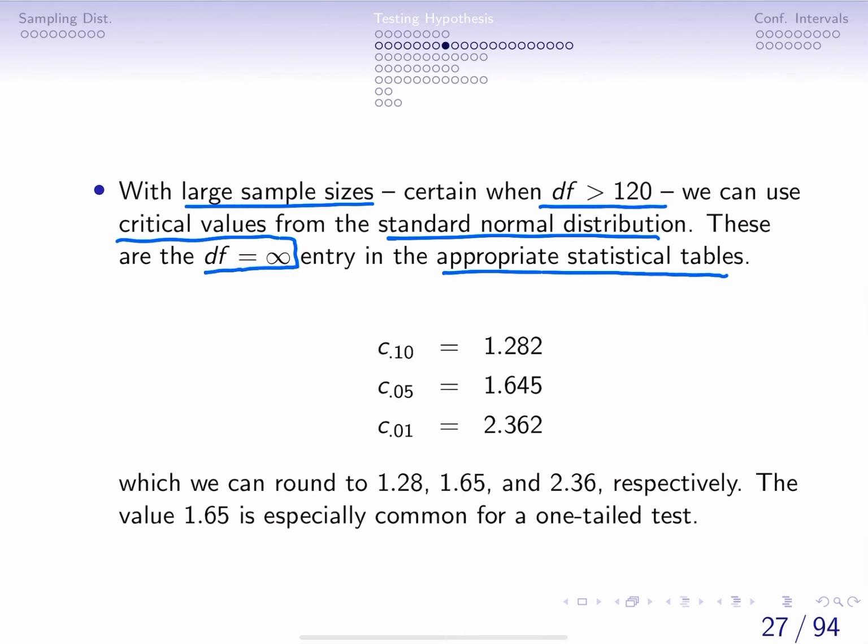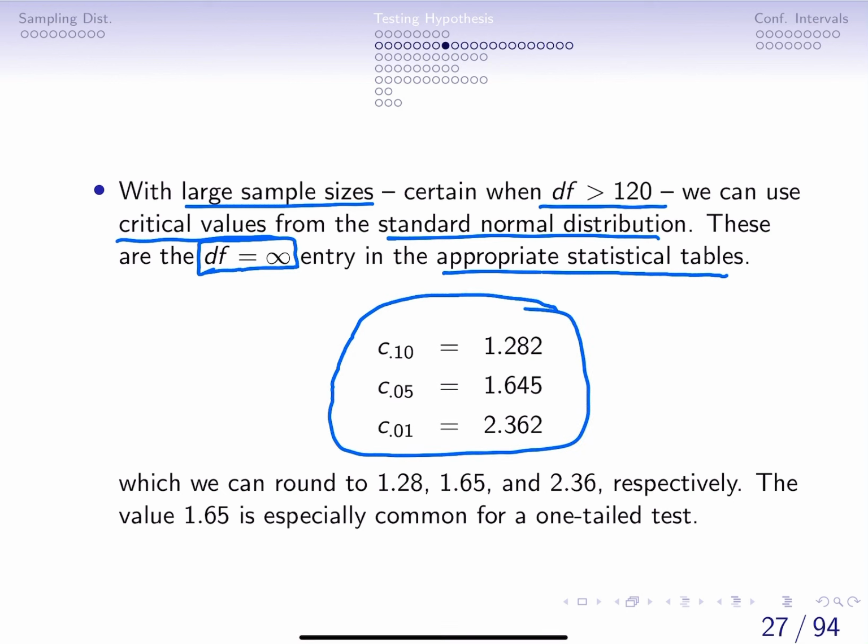For the degrees of freedom equal to infinity, if you're looking at that column or that section of the table, then you're going to have these critical values for the t-test. These are for the one-tailed test. You don't have to remember this, R will tell you, but this is just for your information.